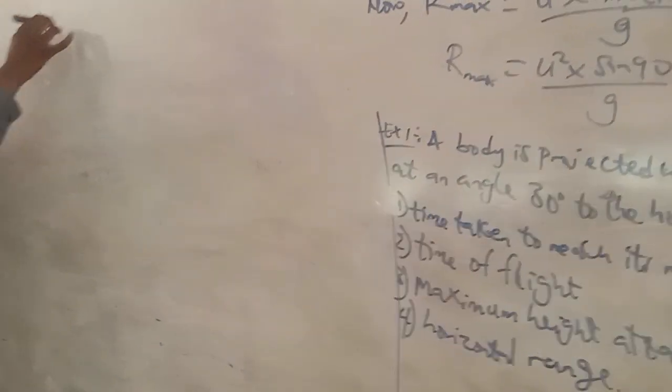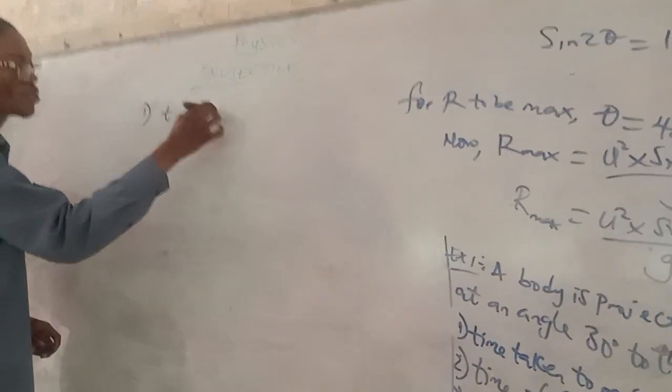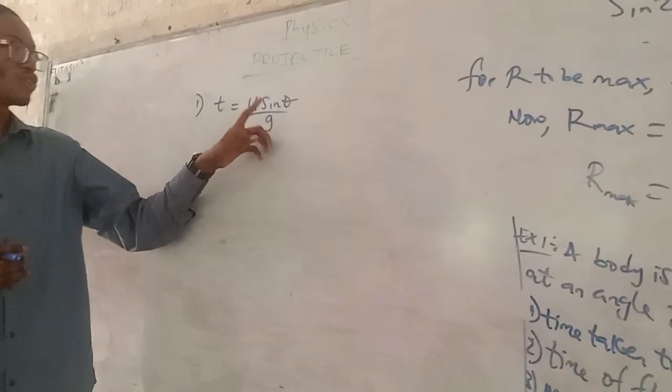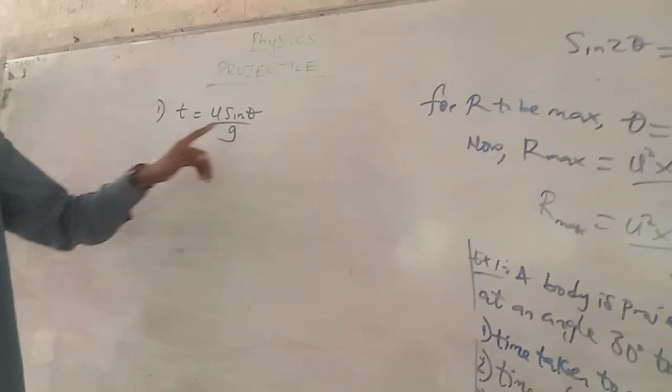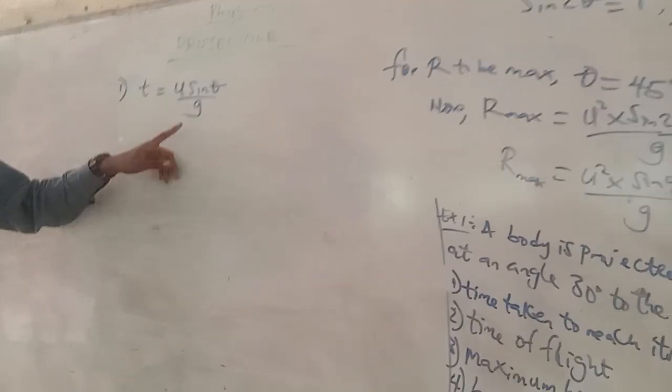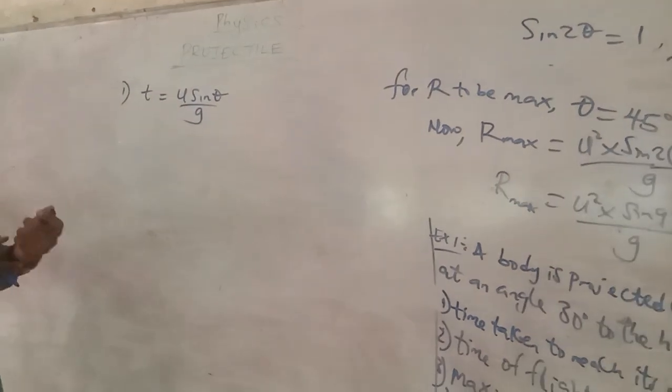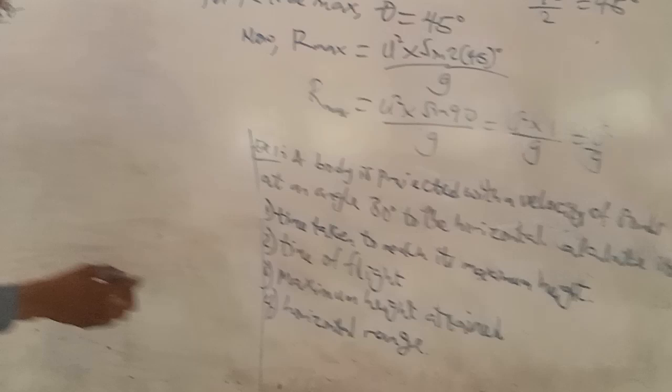Now, I told you the other time that our time taken is T equals U sine theta over G, where this theta is your angle of projection, this U is your initial velocity, and this G is your acceleration due to gravity. Now you can see that our acceleration due to gravity is not given.